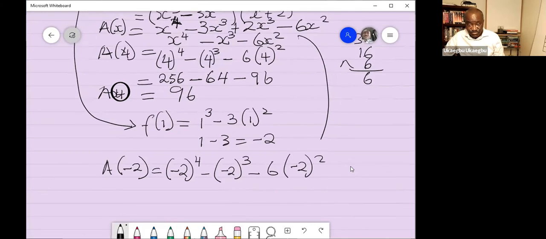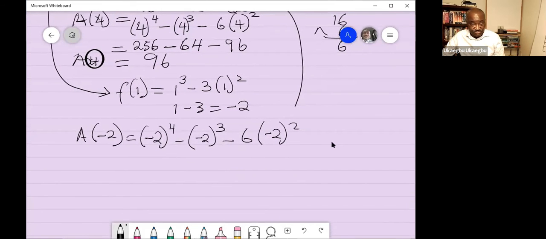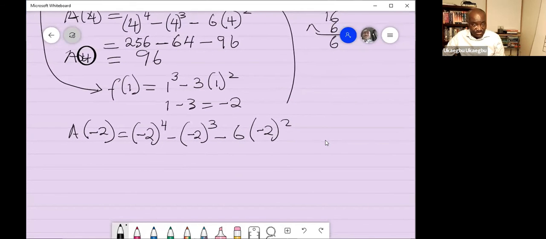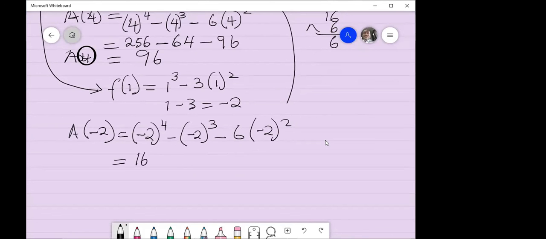So now let's evaluate. Nerisha, that is what you were asking us to do, and that's what we are doing. So negative 2 raised to power 4 is going to give us 16.